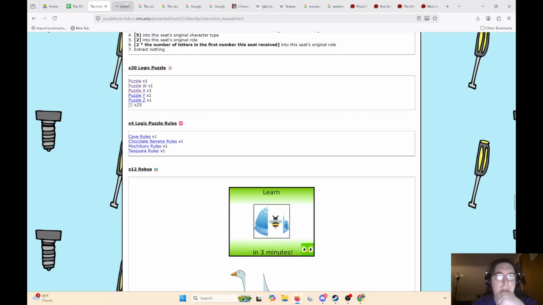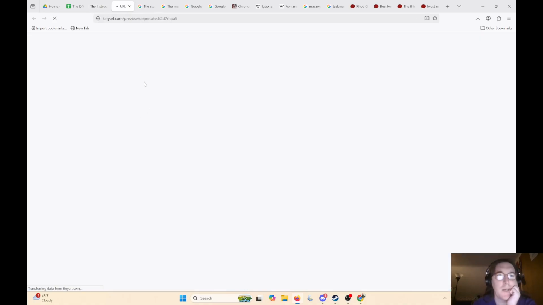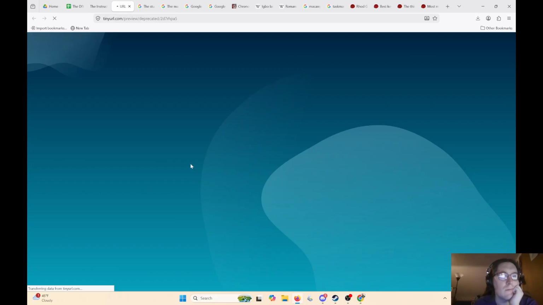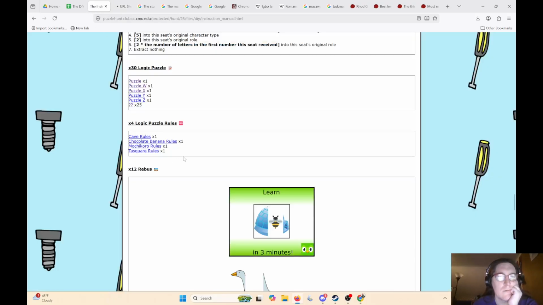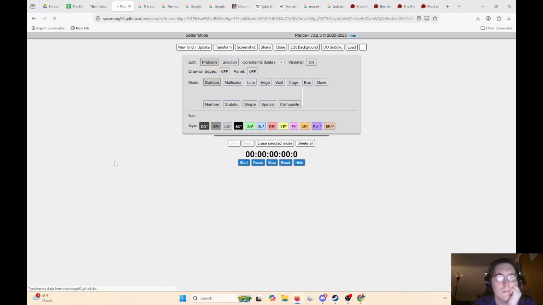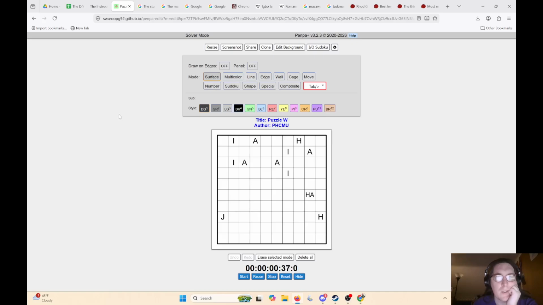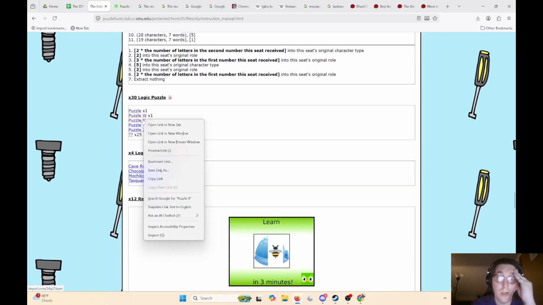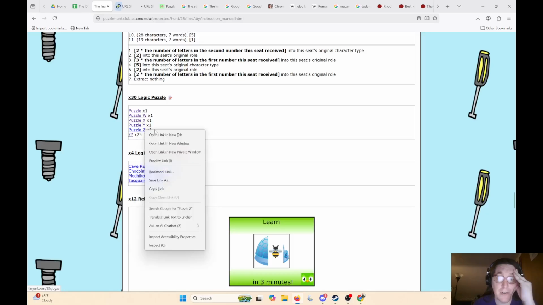All right, let's take a look at these logic puzzles. They might be ways of breaking into things. My guess is that we need to... It's going to take a moment to load. Oh, I forgot about this. Are these all ciphers?